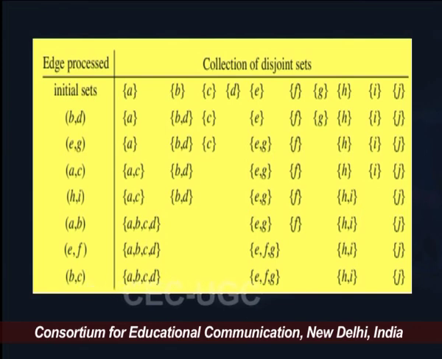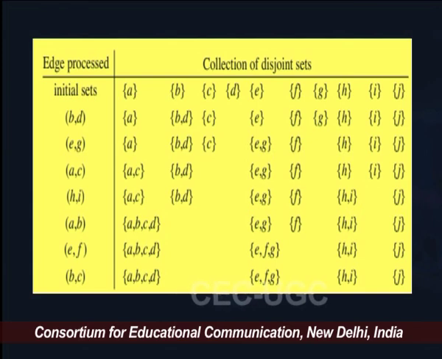So, H and J, you can see on the fifth line, are going to be combined. Similarly, when A and B are combined, this is something worth noticing. B is the representative of the set BD, A is the representative of set AC, these are combined and the set will be A, B, C, D and the representative is A. That is why we have chosen the column A; this is the convention we have adopted.